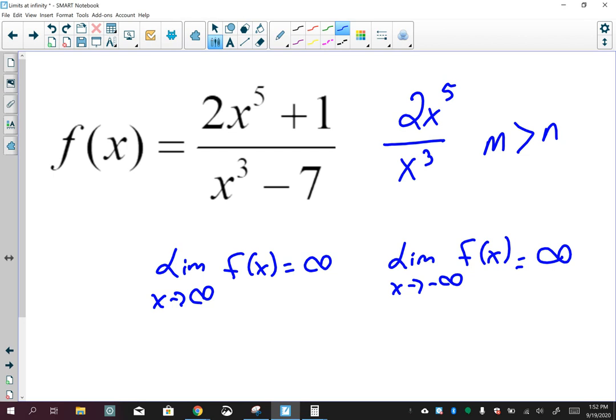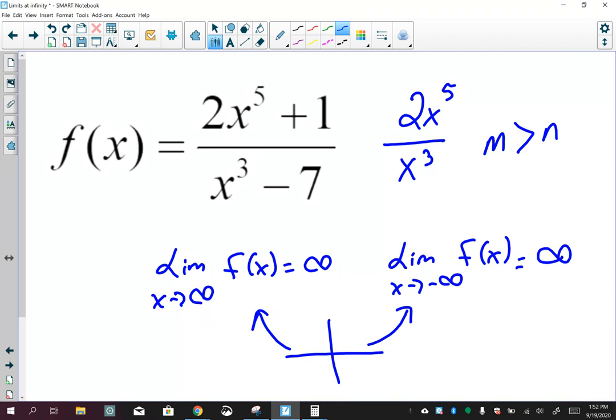So now you're like, well, are we sure about that? If you have a calculator, you'd plug this into your calculator and actually look at how the graph is going. So basically what's happening is that as your x is going this way, your graph is going off in that direction, and as your x is going this way, your graph is going to go off in that direction.